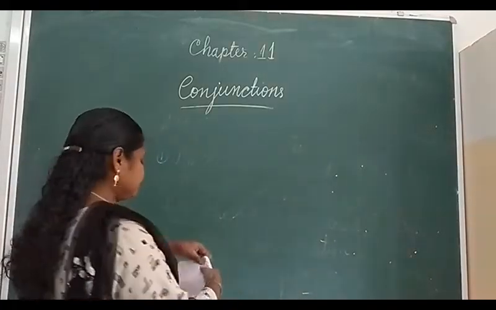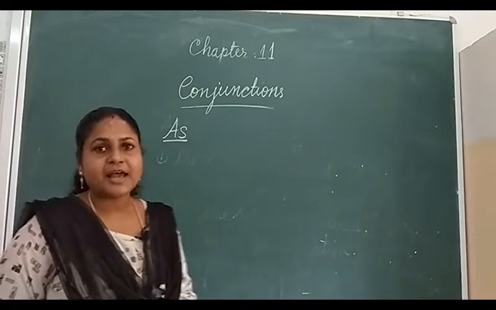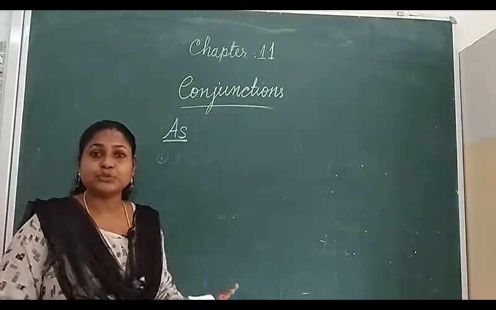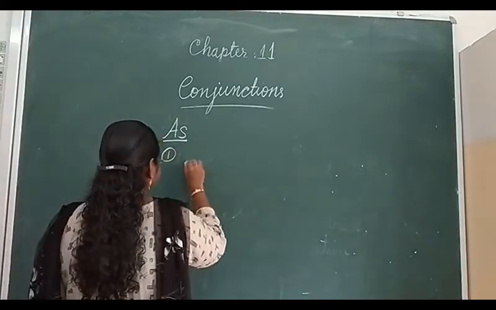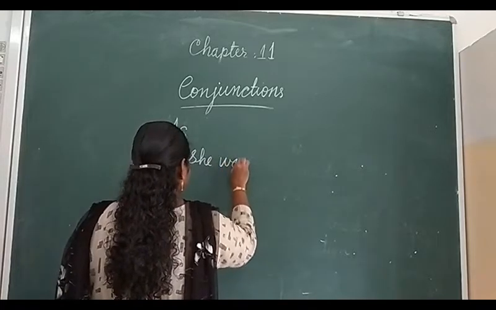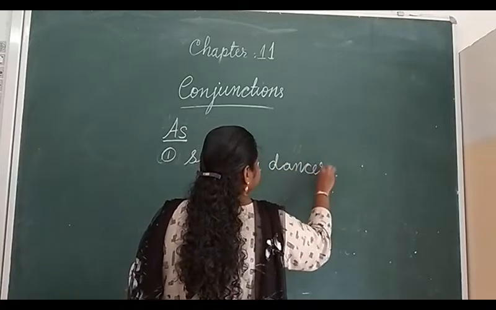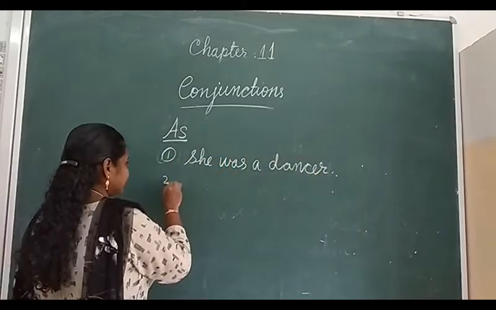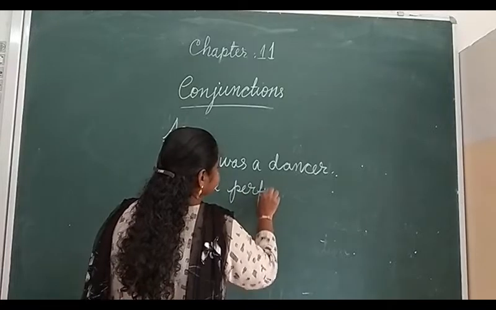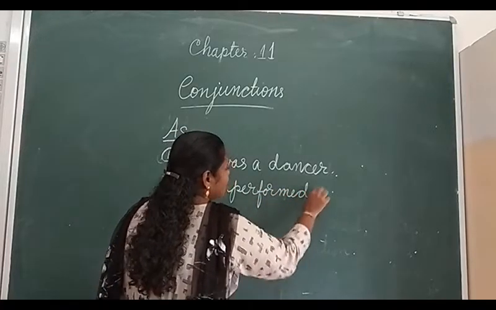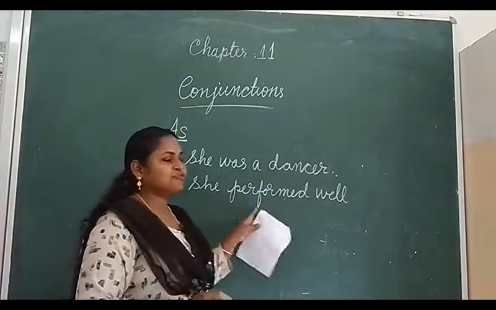Okay. Now the next one is as. As is another conjunction that we use always in the beginning of the sentence. First sentence: She was a dancer. Second sentence: She performed well.